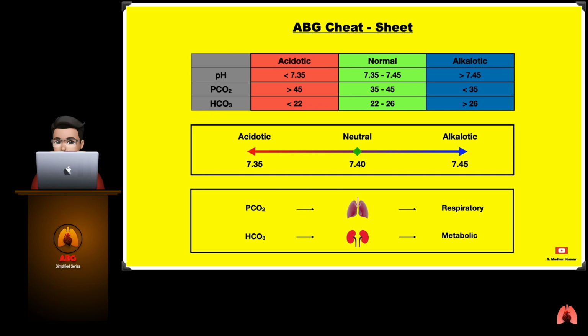HCO3, that is bicarbonate, represents metabolic, that is the kidneys. And the neutral point of pH is 7.40. If it is moving towards acidotic, the value will be 7.35 to 7.39. And if the value moves to the alkalotic side, the range is 7.41 to 7.45.